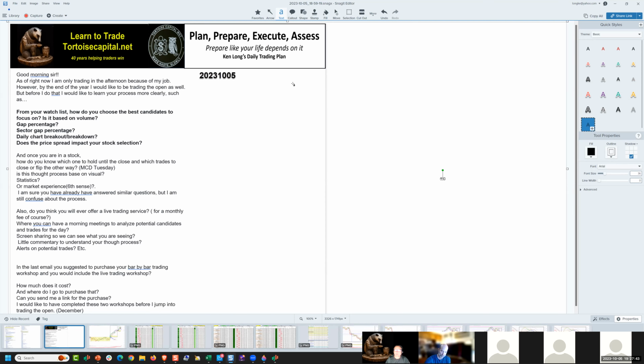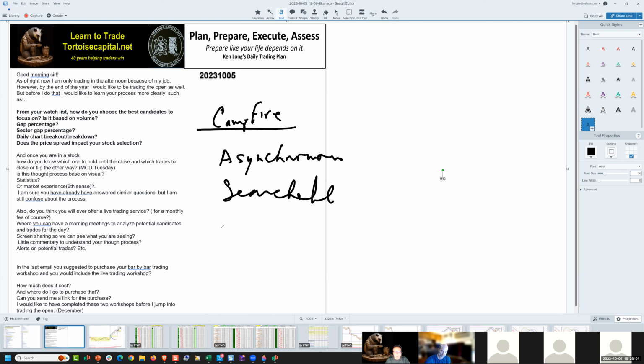Let's see if I can draw this. Campfire as an asynchronous searchable archive is very good.